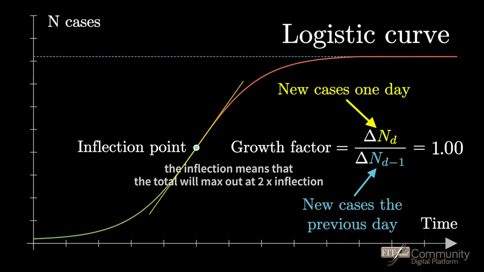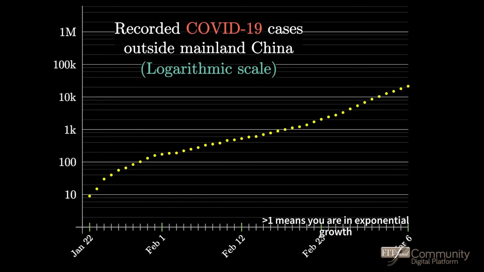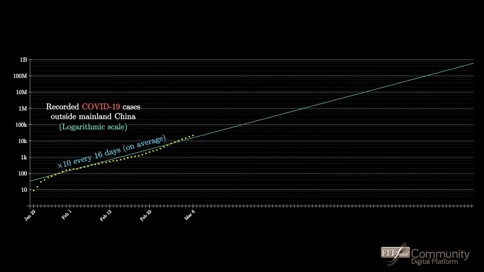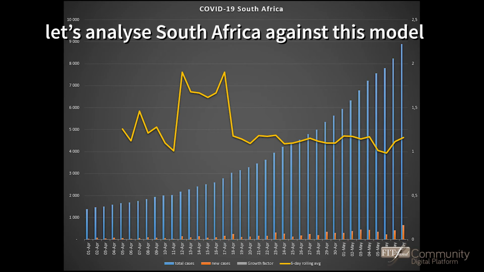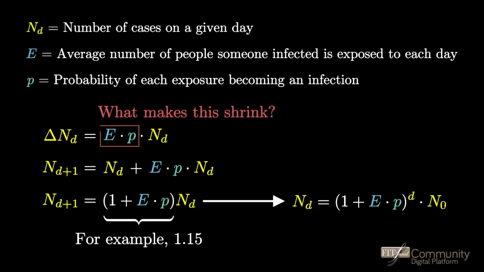So the inflection point is where it will max out, the peak of the pandemic. Larger than 1 means you're in exponential growth, and larger than 1 means that the curve is still growing. It's not flattening off. Now, looking at South Africa, it's important to note that South Africa was at 1.57 yesterday, which means that we're still in exponential growth.